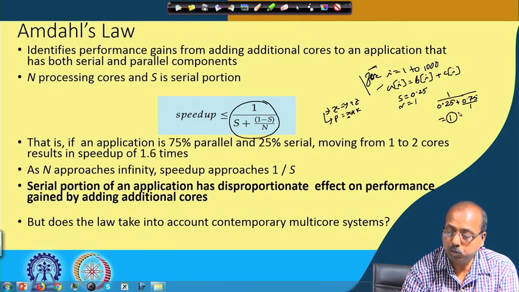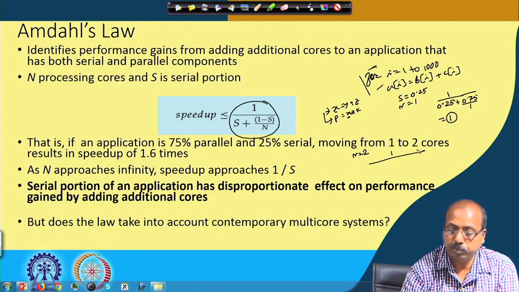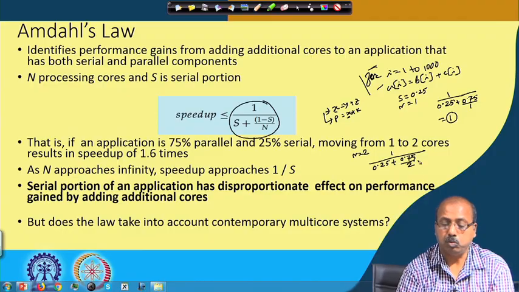Now, suppose I put 2 cores. So, n is equal to 2. Now, what will happen? This expression becomes 1 by 0.25 plus 0.75 divided by 2.